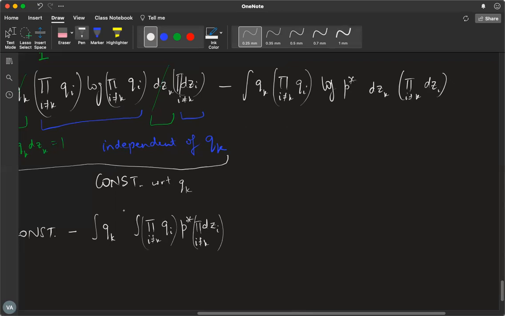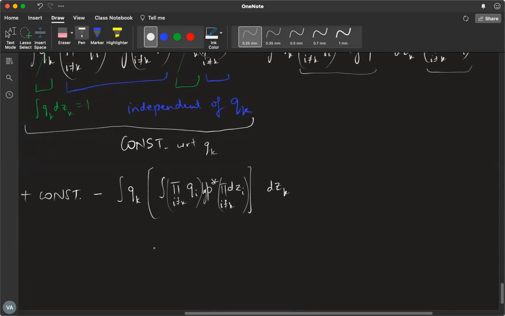And then outside is this dzk. Right? I've just grouped together these terms and taken this integration like this.